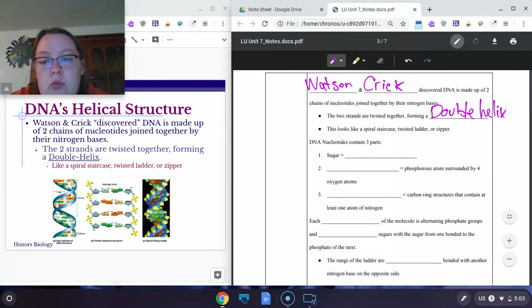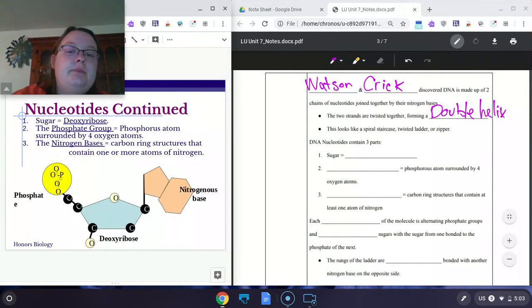So they stole her work, they got a Nobel Prize, and she died because of exposure to so much radiation for taking the X-rays. She died for her work because she was exposed to so much radiation, and they got the Nobel Prize for discovering the double helix. Kind of a weird situation in science.